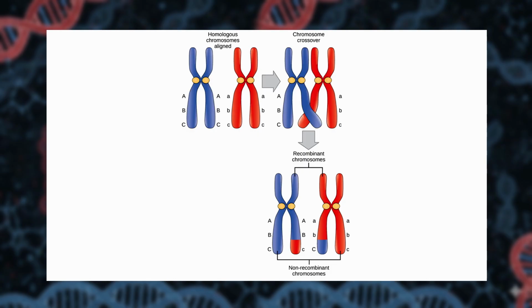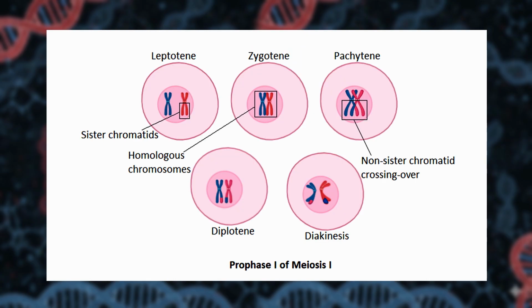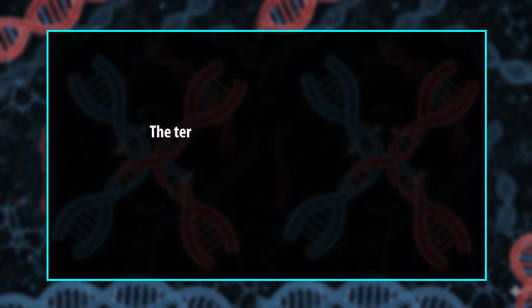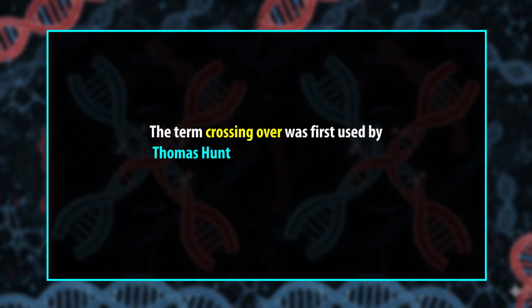Crossing over is the interchange of segments between non-sister chromatids of homologous chromosomes during the pachytene stage of meiotic prophase. It involves breakage and reunion of chromatids at precise points, leading to exchange of genetic material. The term crossing over was first used by Morgan and Cattell in 1912.